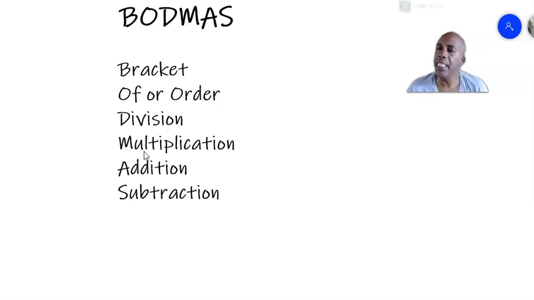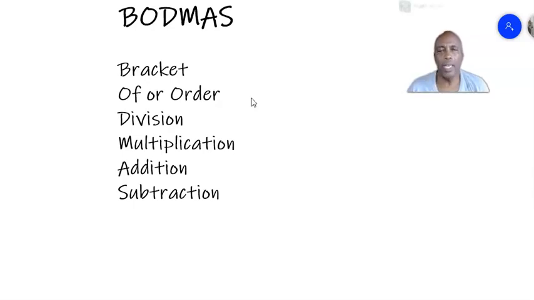It could be addition, subtraction, multiplication, division, even a bracket or an index. And so you have to know, when you have those sequence of operations, the order in which to do these operations, or else you will get the wrong answer.